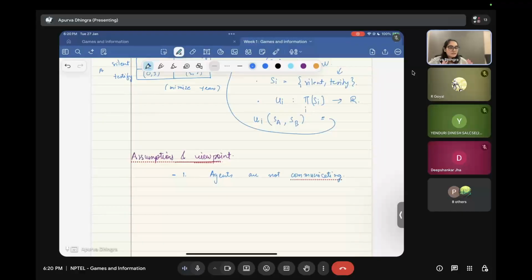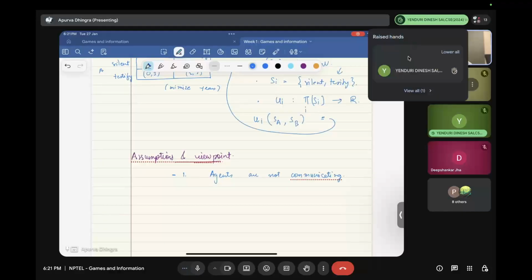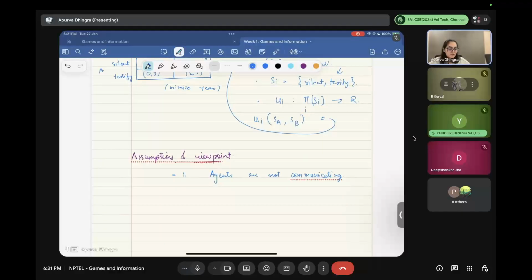By the way, I'm saying it specifically for non-cooperative agents, non-cooperative games.